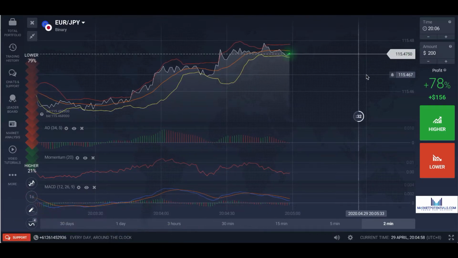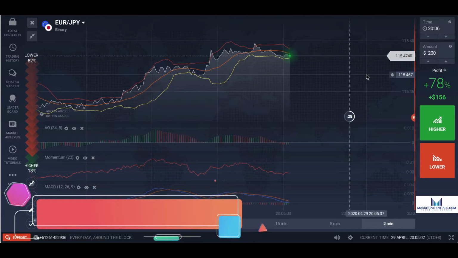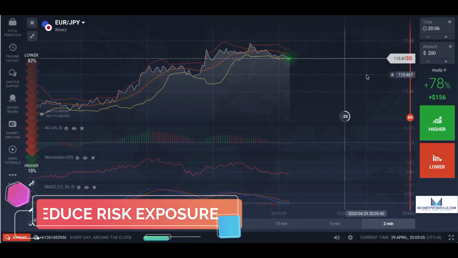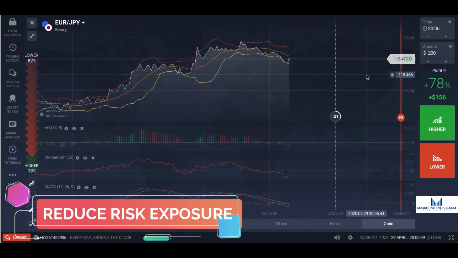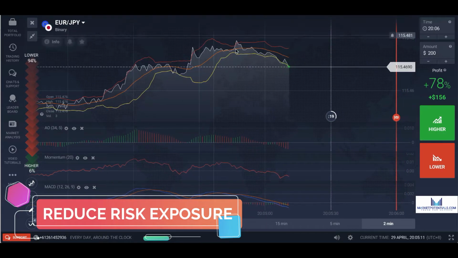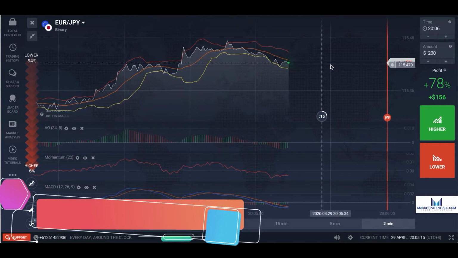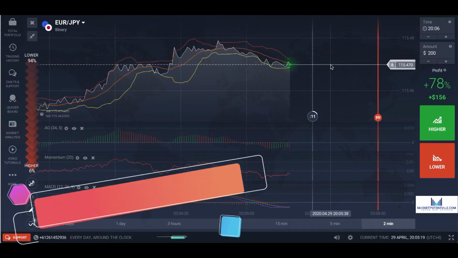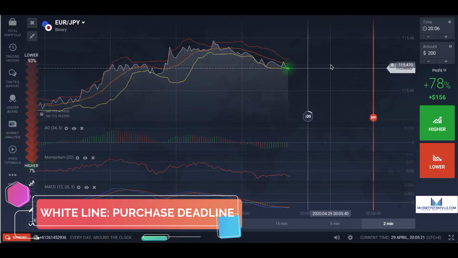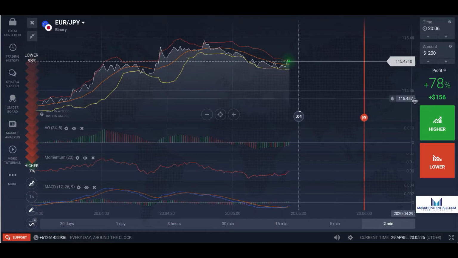So the reason I do that, I trade close to the purchase deadline, is because the further away you start your trade, that means you're exposing yourself to that much more risk, and anything can happen from the time I click higher or lower now to the time I come to the white line and or the purchase deadline. So I'm exposing myself to that much more risk, which I don't do, and I certainly don't recommend you do either. So making a decision close to the purchase deadline allows you.